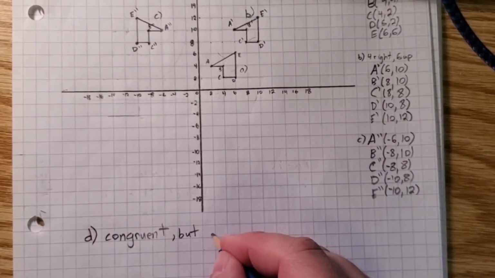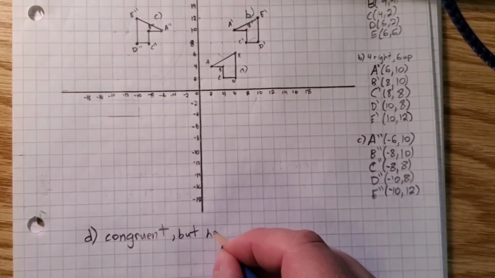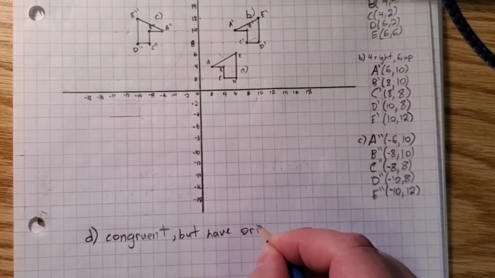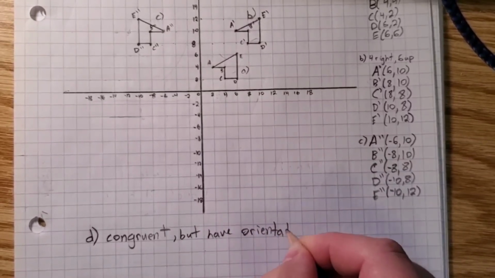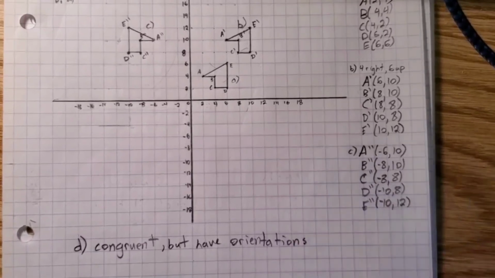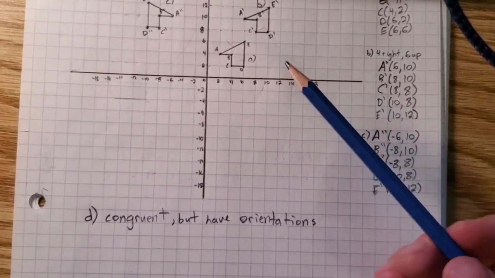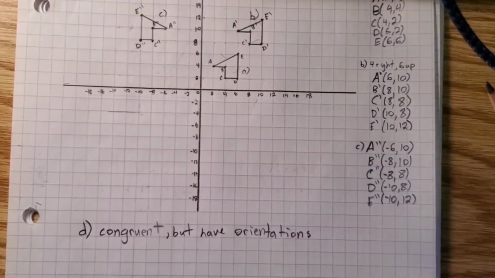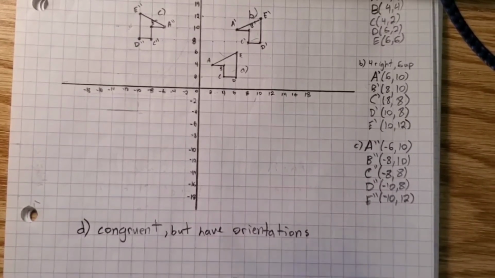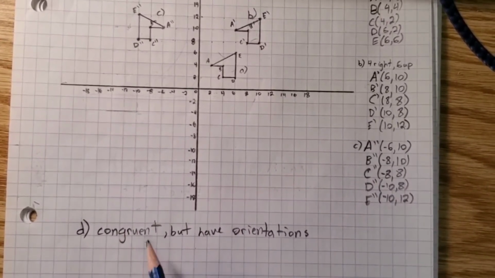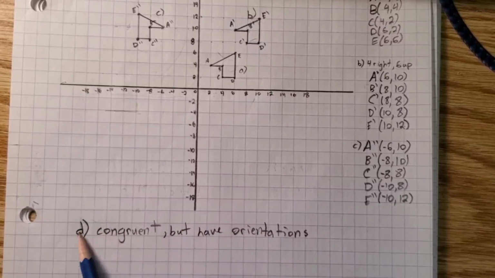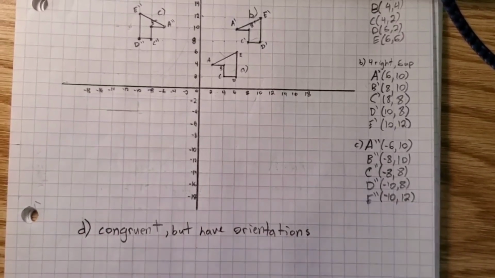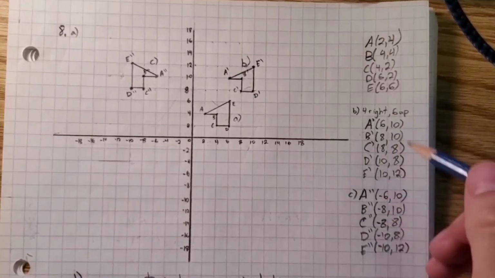They're different orientations. They're congruent, but have different orientations. That's one way to describe it. You could also say that it is a reflection and then a translation. There's a few different ways. I'm not giving a mark for D just because there's a lot of things out there that could happen.